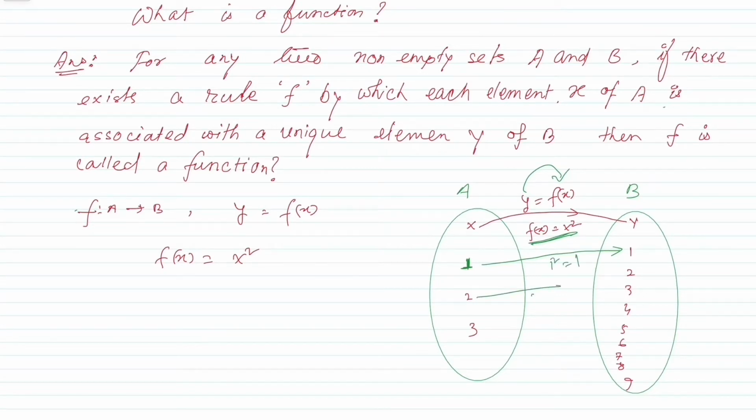Again, 2 square is equal to 4. That's why this 2 of set A must be associated with 4 of B, and under this rule, this 3 must be associated with 9, because 3 square is equal to 9.